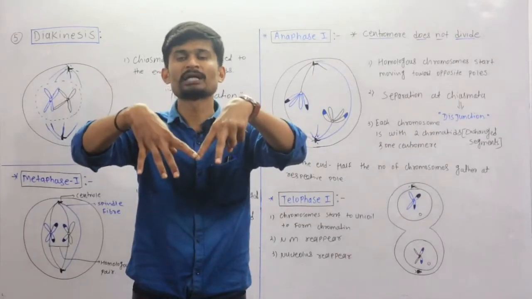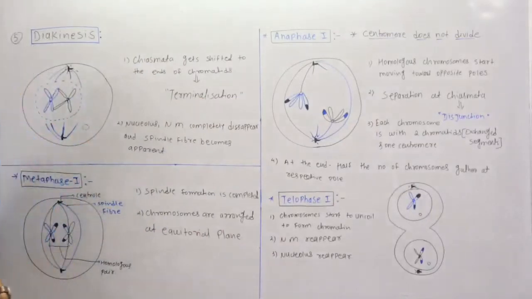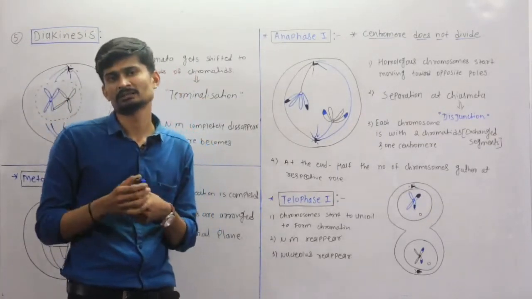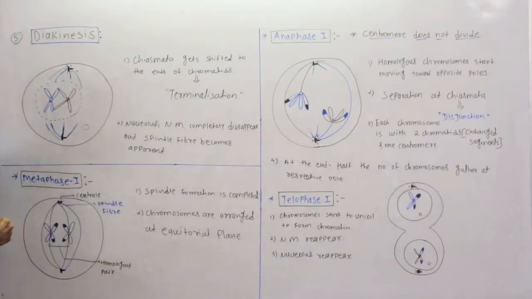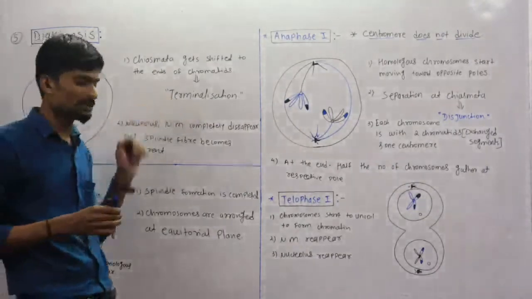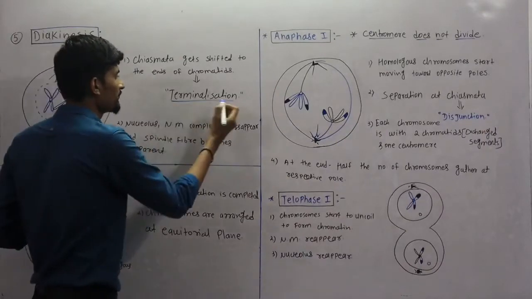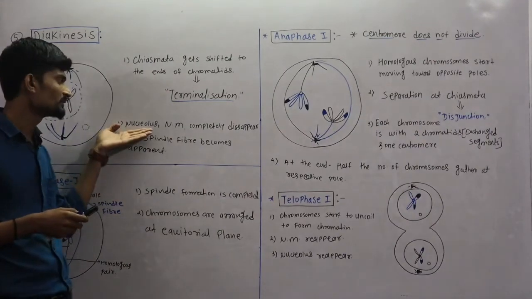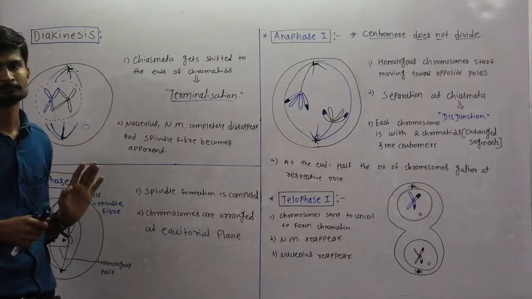The chiasmata is shifted to the ends of the chromatids, and that process is called terminalization. You have to remember this, terminalization occurs in the diakinesis.